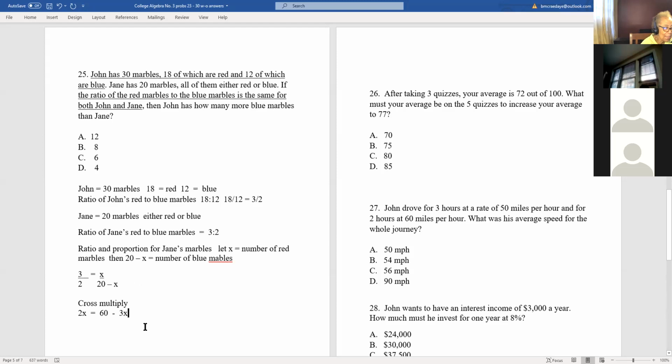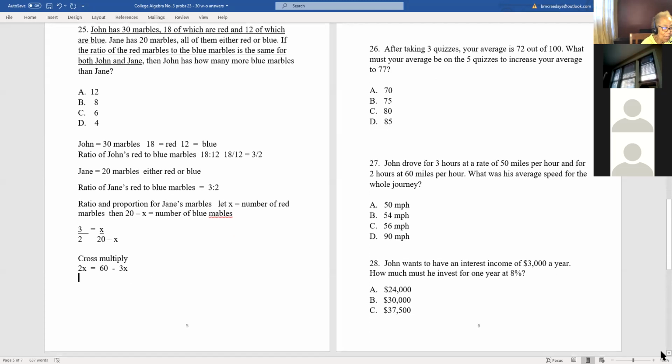So what would be the next step? You're going to divide? No, you've got to get all your X's together. You're subtracting, so the opposite is addition.